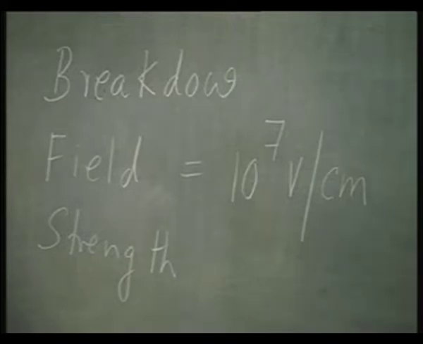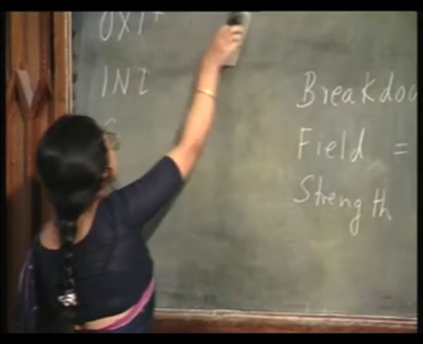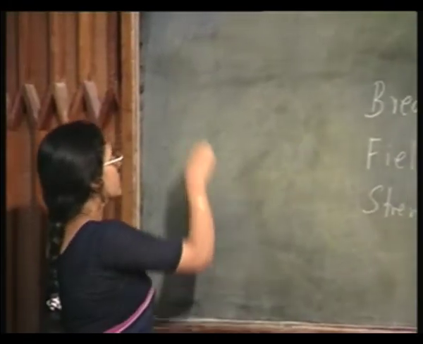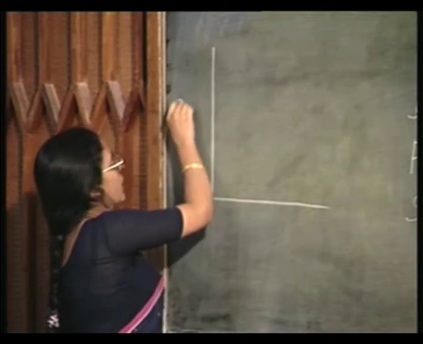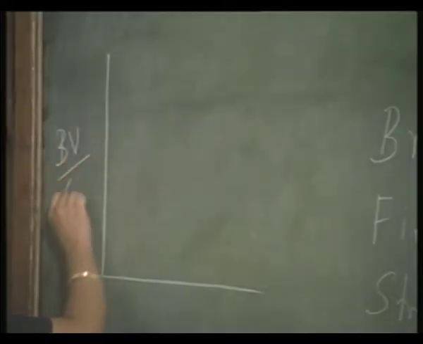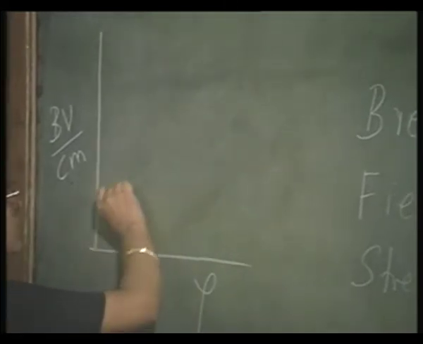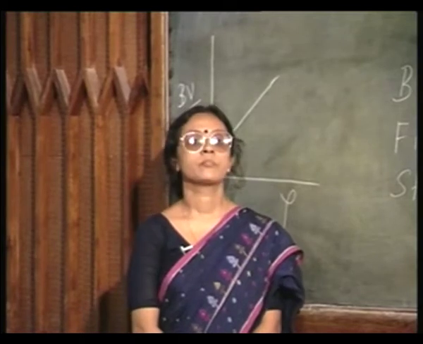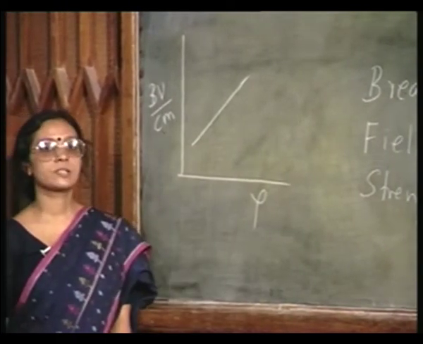And there is also another interesting point about the breakdown field strength, that is, it is proportional to the density of the oxide. So if I plot the breakdown field strength versus the density, it follows a linear relationship. That is, the more dense the oxide is, the higher its breakdown field strength should be.